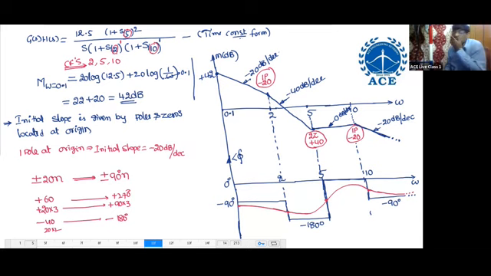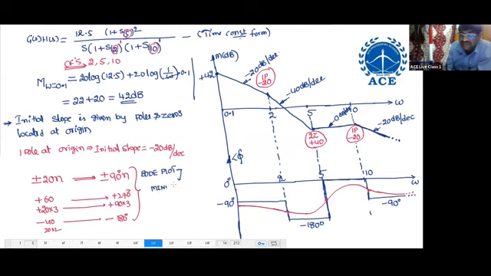And one more thing: Bode plots are drawn generally for minimum phase systems. What is a minimum phase system? It will come. Bode plots are drawn for only minimum phase systems.